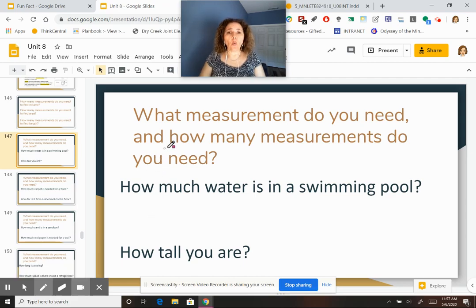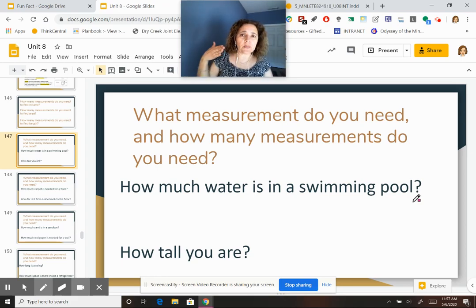Okay, so now, what measurement do you need and how many measurements do you need? So the first problem says, how much water is in a swimming pool? So which measurement? Are you using length? Are you using area? Or are you using volume? Which one of those three are you using? Okay, length?